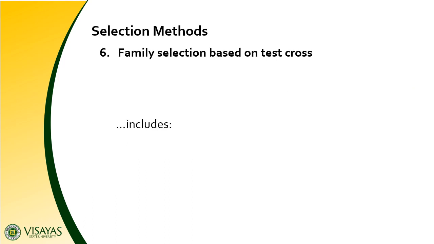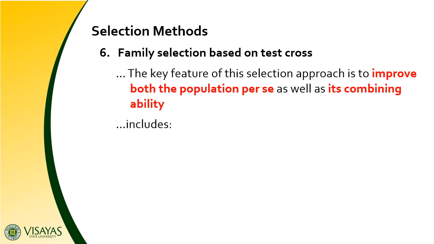So you have here number 6, family selection based on test cross. The key feature of this selection approach is to improve both the population per se as well as its combining ability. So family selection based on test cross includes, number 1, half-sib selection with progeny test. So the half-sibs are tested based on the performance of their progenies.